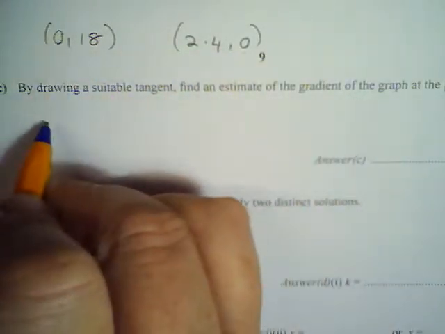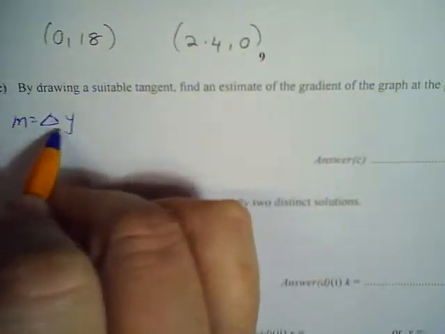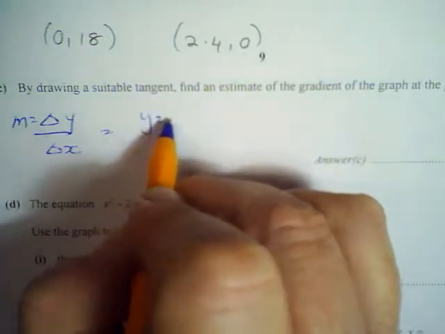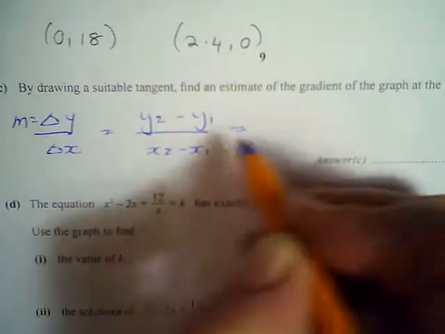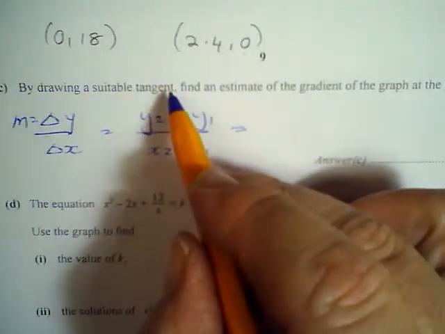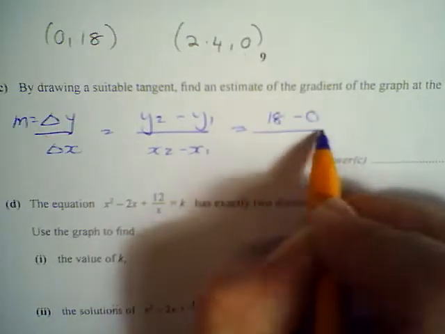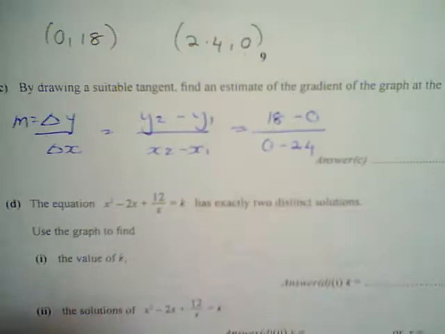How do I find the gradient? Gradient m is delta y over delta x. That is the change in y, y2 minus y1 over x2 minus x1. That would give me y2, let's do it, 18 minus 0, and x2, 0 minus 2.4. I need to use my calculator.